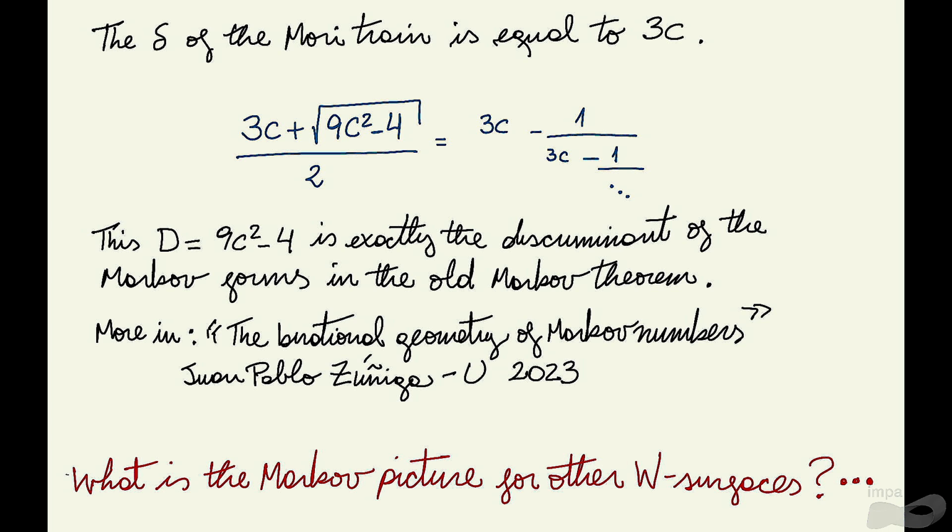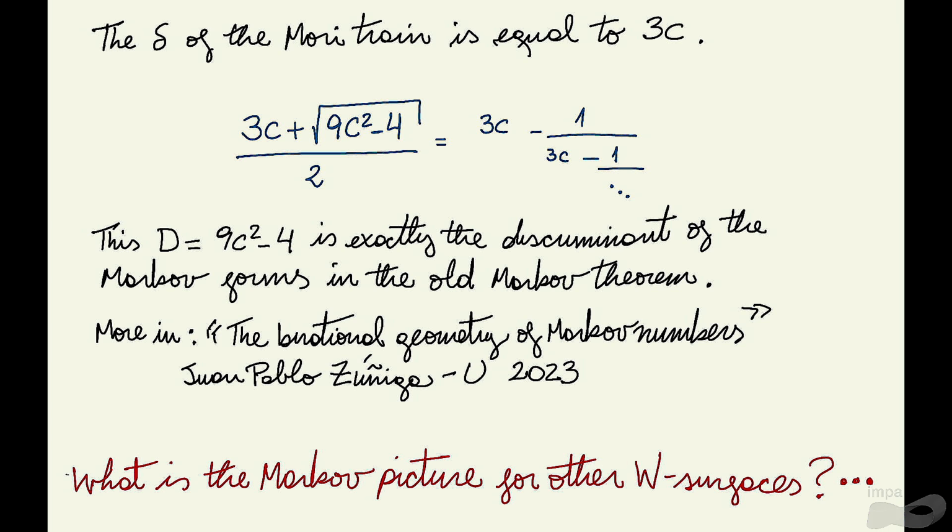So in conversations with Cesar, for example, these Markov forms appear on this Hilbert space of endpoints in P2, which is also amazing. It's like you see why the Markov form appears there, why the discriminant appears here. So you can find more, of course, in the paper with Juan Pablo.